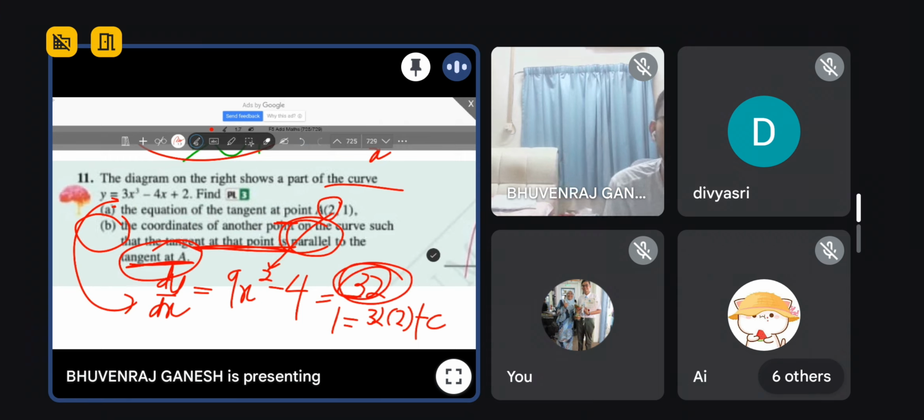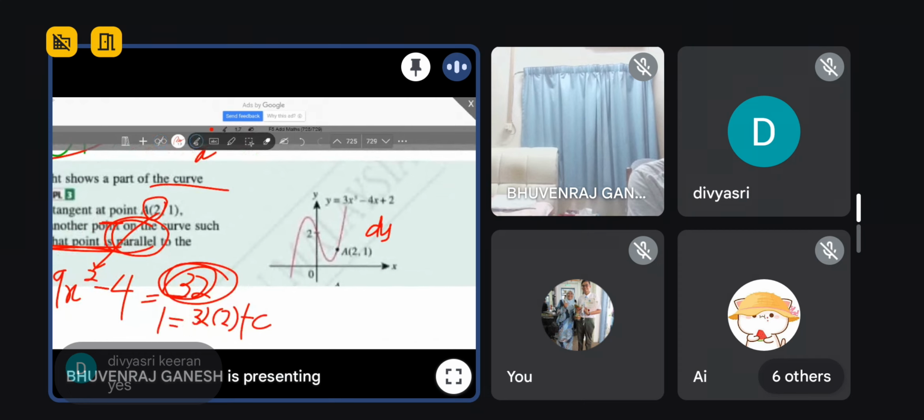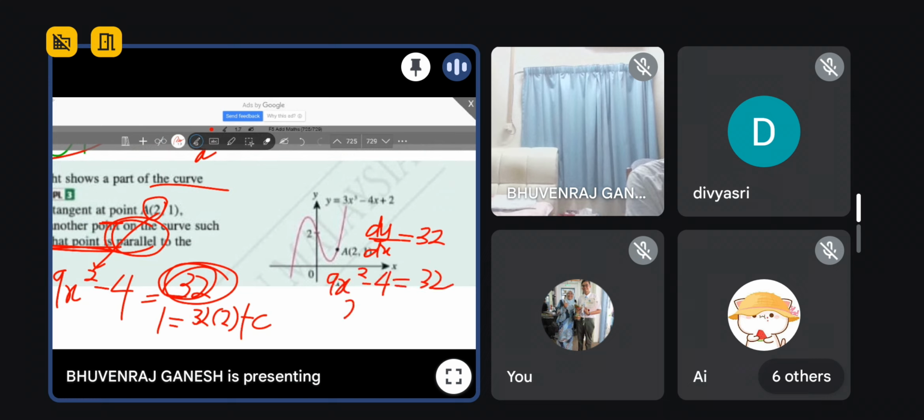So that means dy dx equals 32. Am I right, guys? So this is the equation you must start with. So dy dx, you already found earlier. This one, equate it to 32. So you will solve and then you will get x equals plus or minus 2.